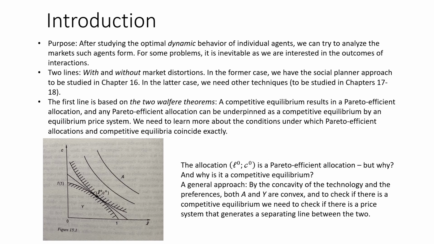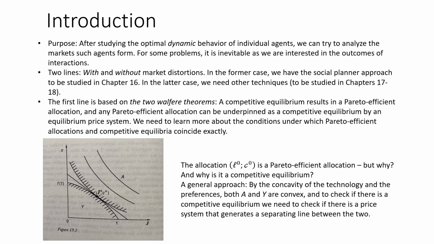The first welfare theorem claims that a competitive equilibrium is always a Pareto-efficient allocation. This is just a kind reminder. A Pareto-efficient allocation is an allocation of resources in which no change can be made without making someone worse off.